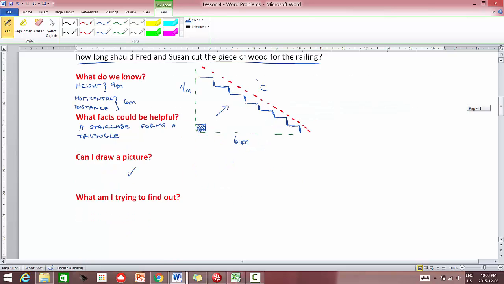What am I trying to find out? The length of the railing, or C, the hypotenuse.